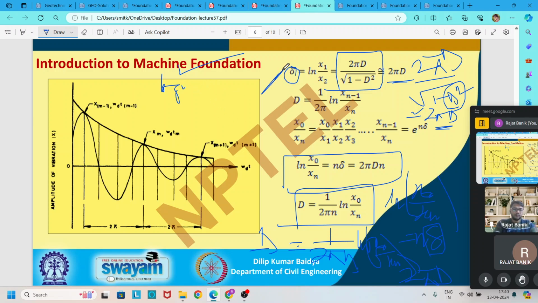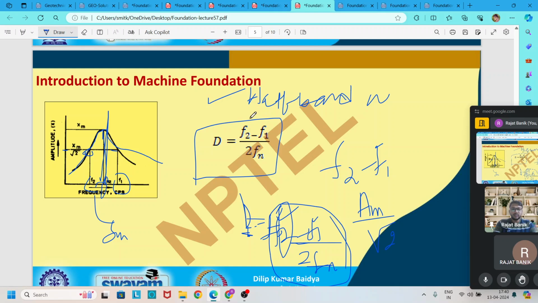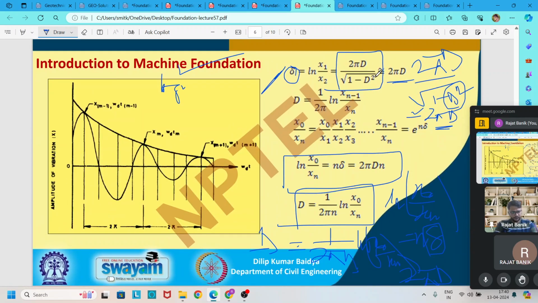So it is very, very important. There are two methods I am discussing here. One is the half bandwidth method, where d is equal to f2 minus f1 divided by 2 fn. Another is the logarithmic decrement method, where delta is the logarithmic decrement, equal to ln of x1 by x2, which is further equal to 2 pi d, from where we get the damping ratio d.